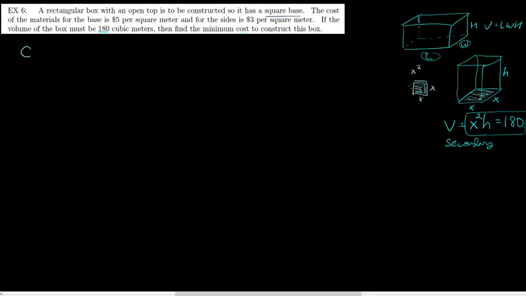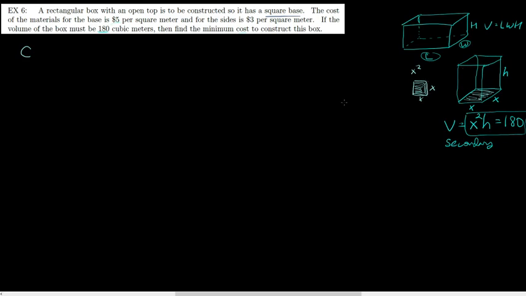Let's say, for example, x is 5. If x is 5, this is 25 square meters. If each square meter is $5, what are we spending here? 25 square meters times $5 per square meter is going to be $125, and that's just for the base.